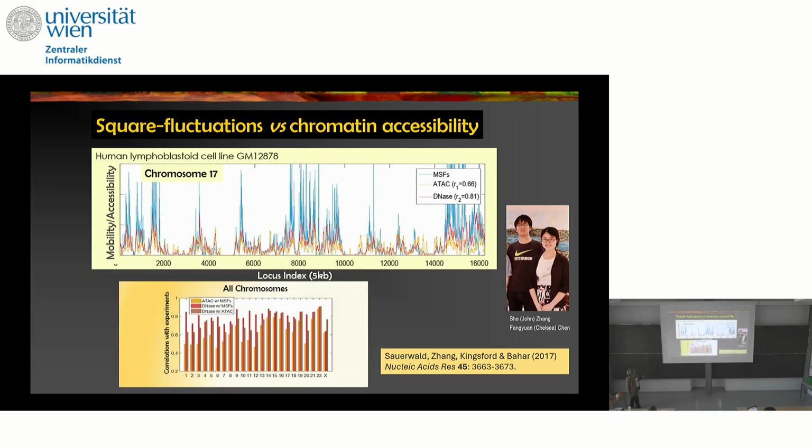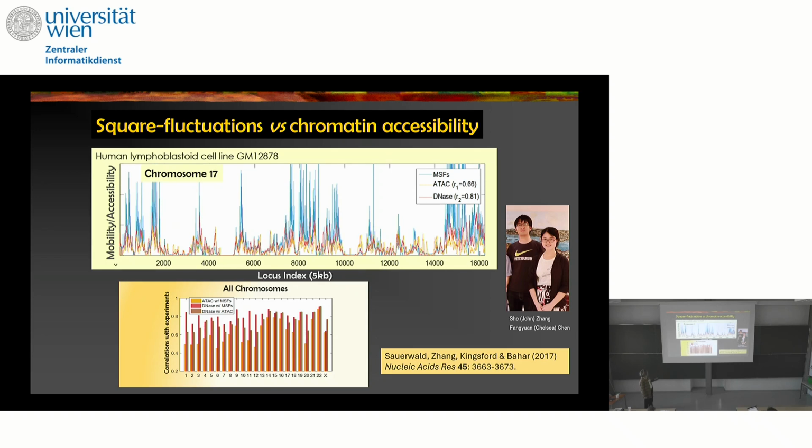When we did this not only for chromosome 17 but for all other chromosomes, these are the correlations we get. As I mentioned, the correlation with ATAC-seq experiments, also on accessibility of the gene loci, is around 0.66. The one with DNase-seq is 0.81.